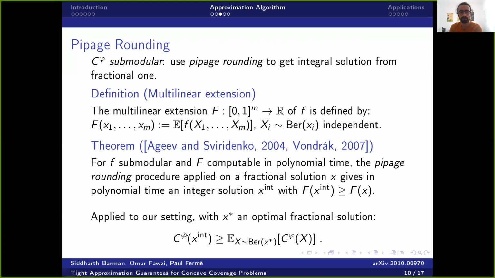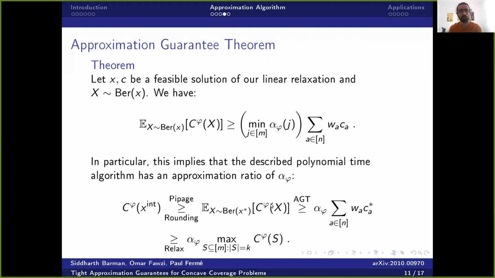And here we've taken C phi to be small f. So we got this first inequality. So we've got an integer solution, and here is the optimal solution of our relaxation. And we want to bound this quantity.